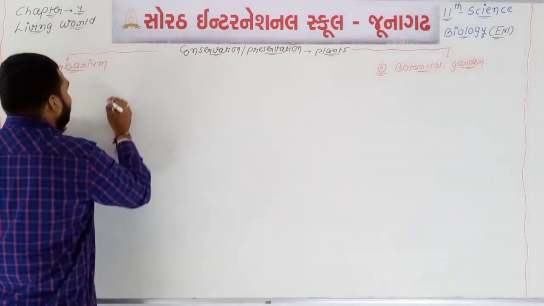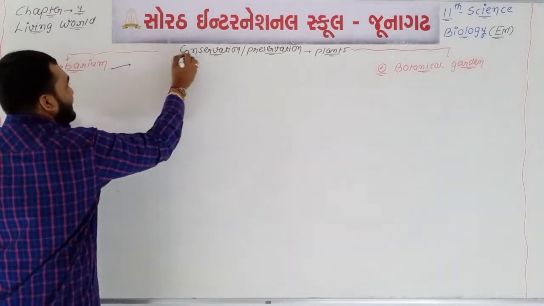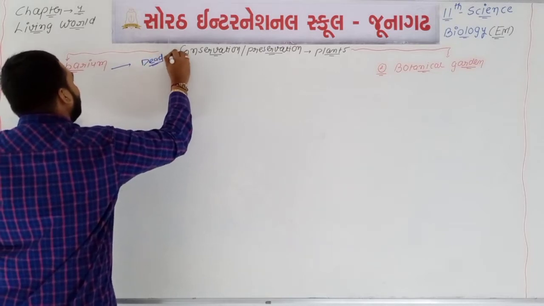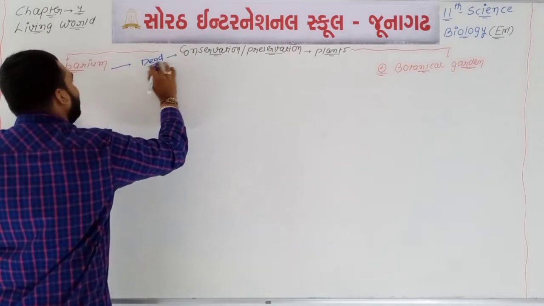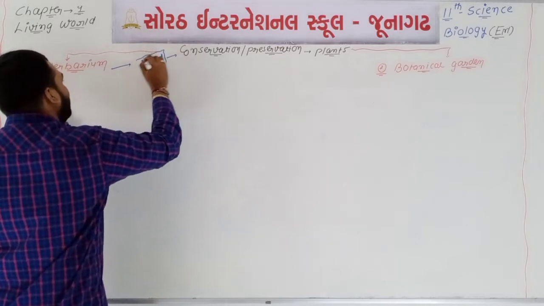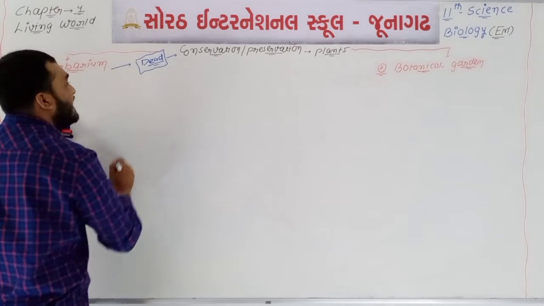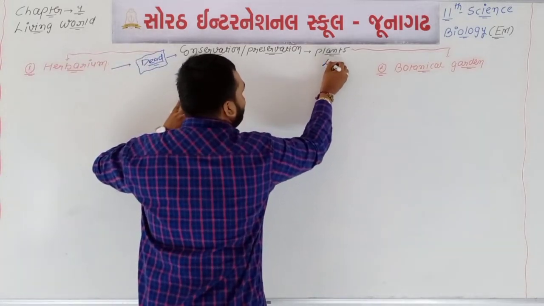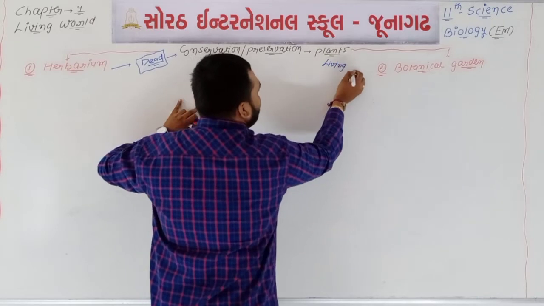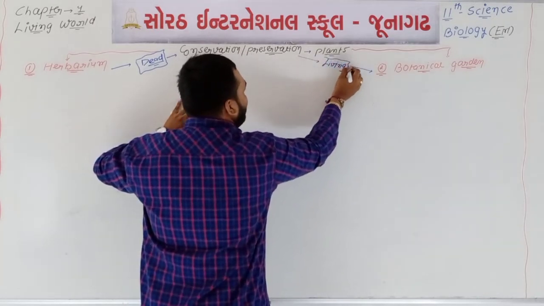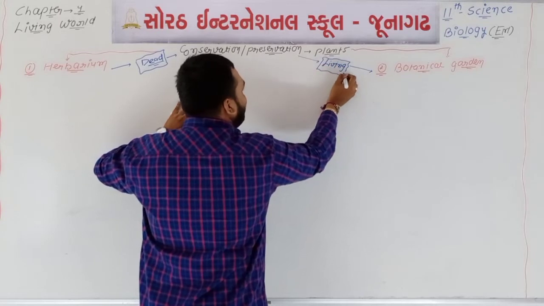But you will remember this: in herbarium, there is preservation of dead plant specimens, means herbarium is connected with dead plants, while preservation of the living plant will be done with the help of the botanical garden.